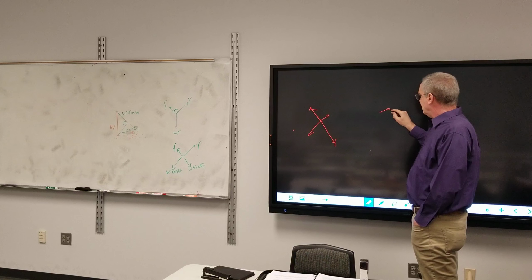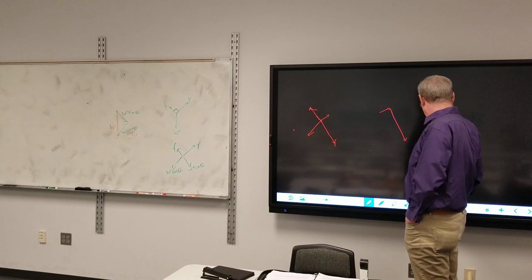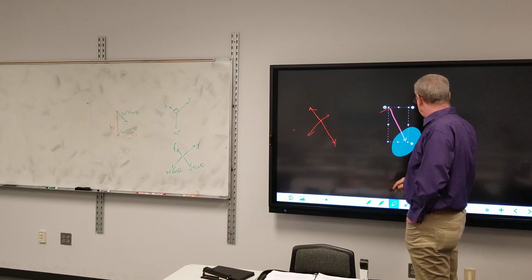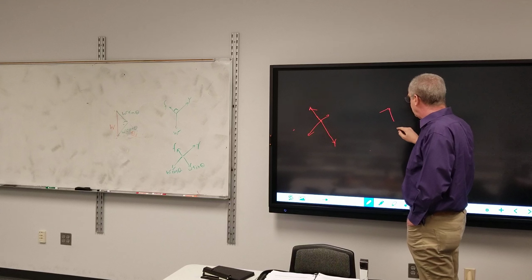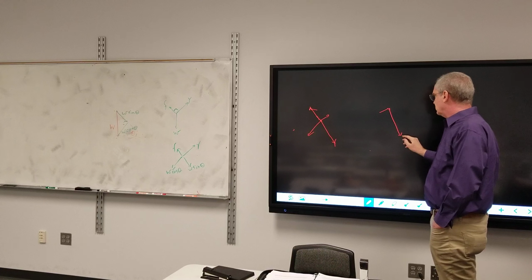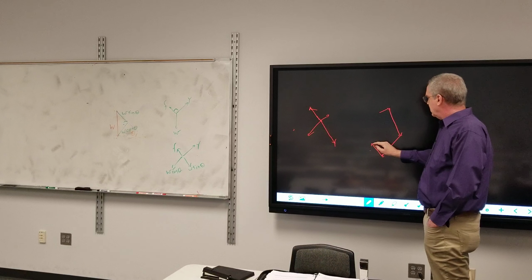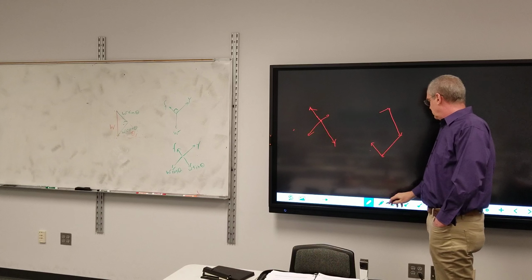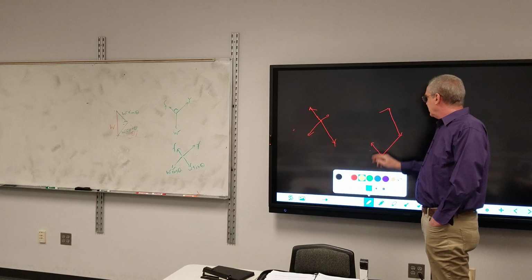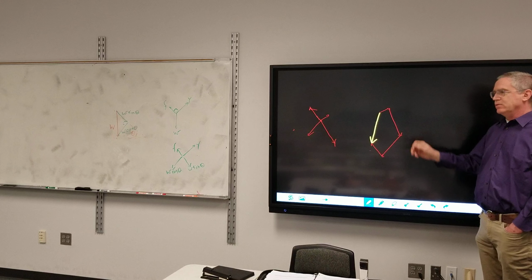And then I take another one, same length, same direction. And then I do the next one, and the next one. Each of these is supposed to correspond to each one of those. And my resultant is from where I begin to where I end. That yellow line is the resultant.